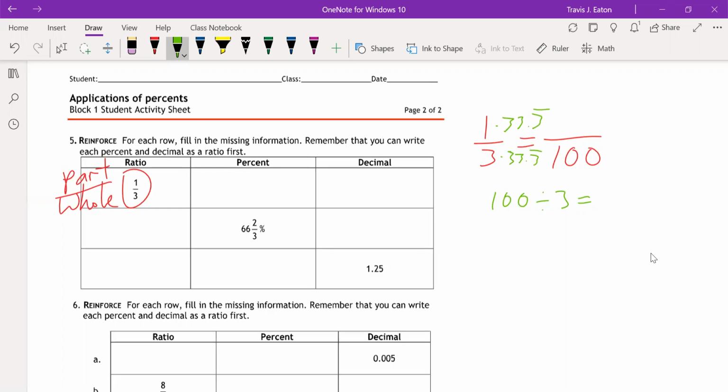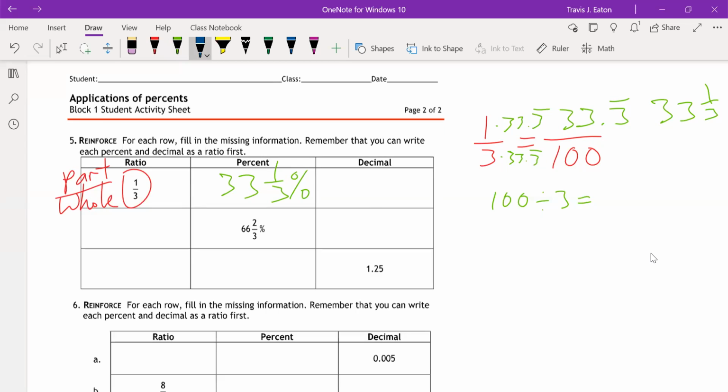And 1 times 33.3 repeating is, of course, 33.3 repeating, or as a fraction, 33 1/3. So that would be 33 1/3%.